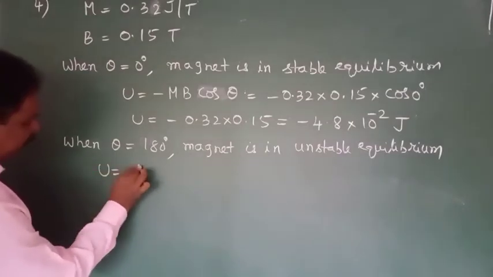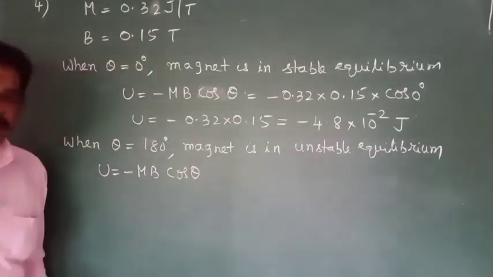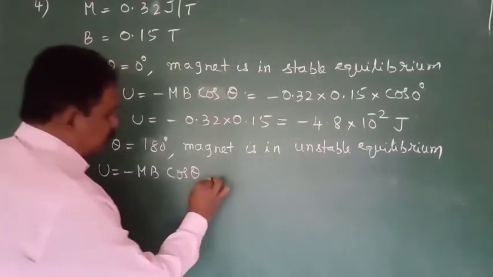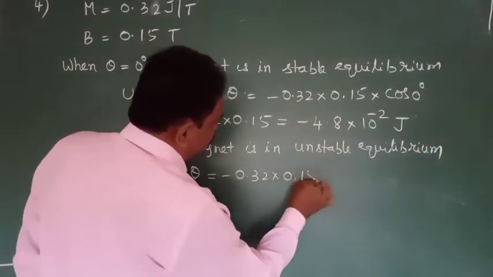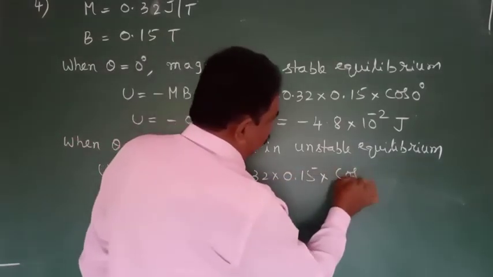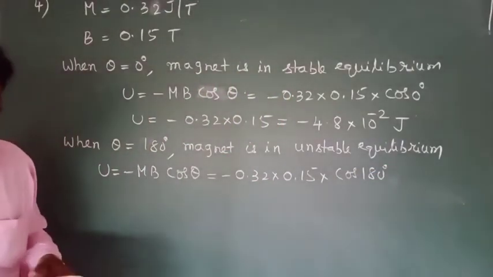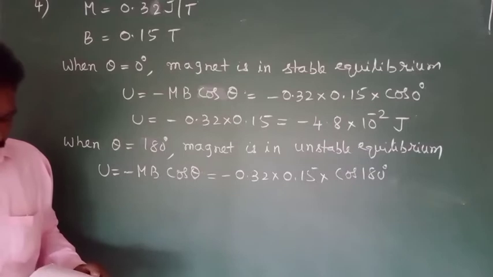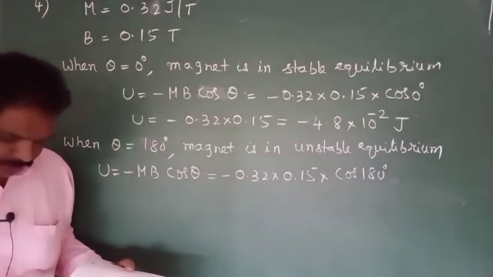In that state, what is the potential energy? Minus mB cos theta. So this value is minus 0.32 into 0.15 into cos 180. The cos 180 value will be minus 1.